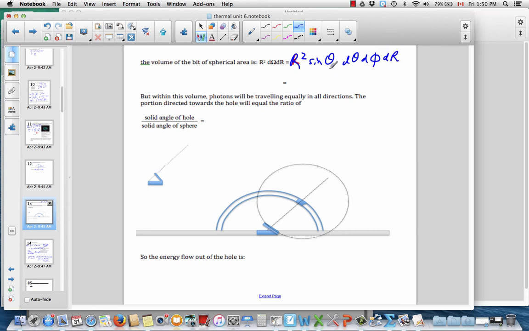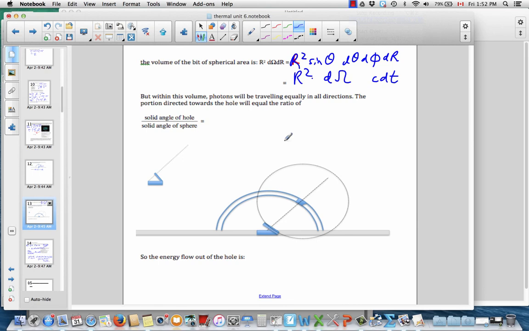And then dr, the thickness of that sphere, is c dt. And then the rest of this we'll just keep as d omega, a little bit of solid angle.